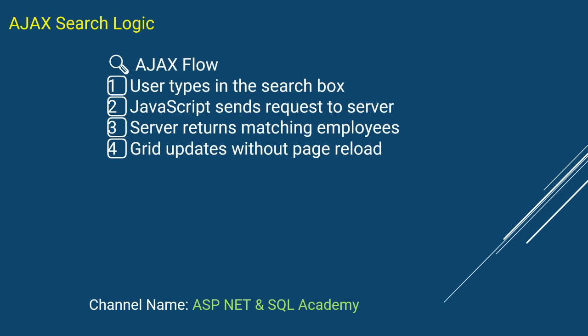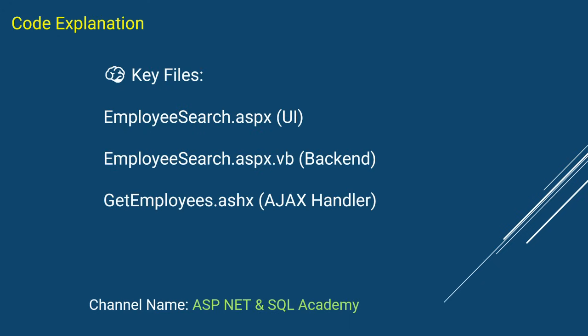With AJAX, the search results update instantly as you type, no page refresh needed. The UI is handled in ASPX, backend in VB.NET or C#, and AJAX logic through a handler returning JSON data.